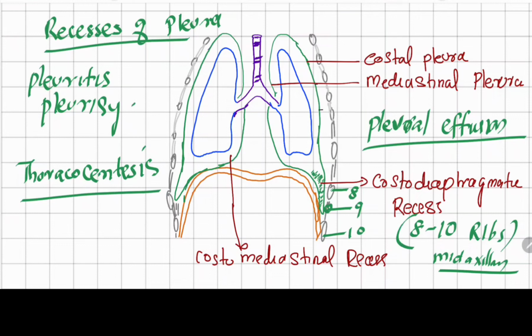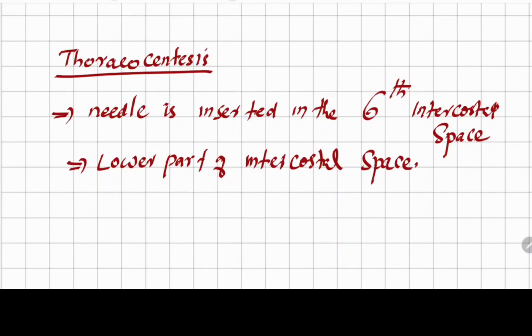It's a procedure by which excess fluid is aspirated from the pleural cavity. Here the fluid is collected. This fluid has to be removed. That particular process is known as thoracocentesis.